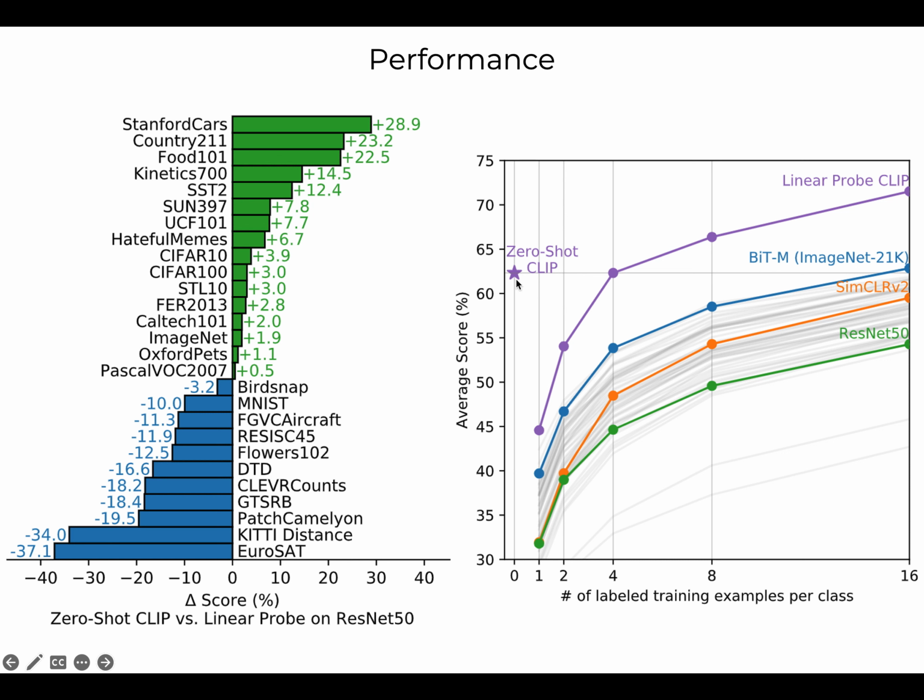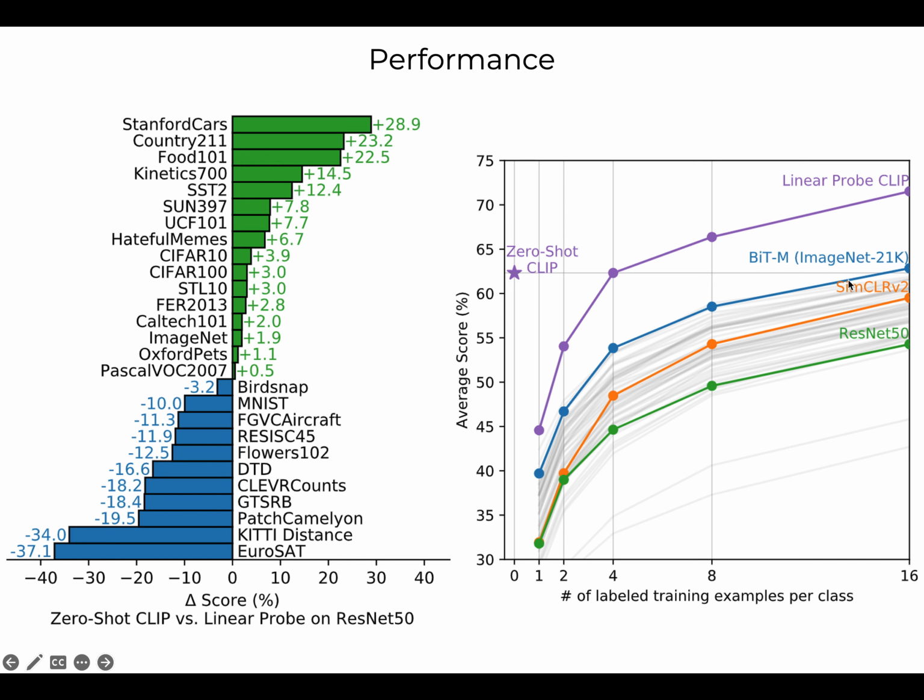So now we've got over here on the x-axis the number of labeled training examples per class that's available for fine-tuning before you do this evaluation. So only CLIP can do fully zero-shot, so it's got no examples at all, it's just got the text describing the class. That's already giving us about 62% accuracy across these different data sets, so average score.